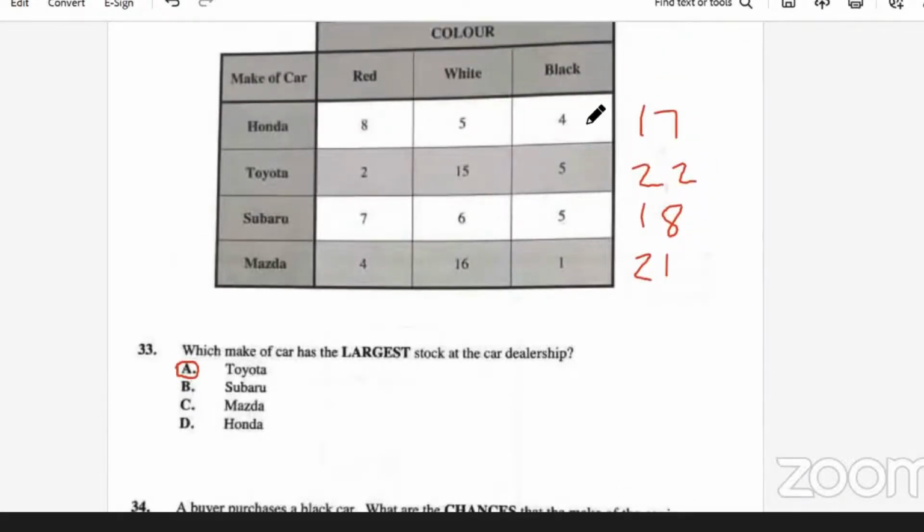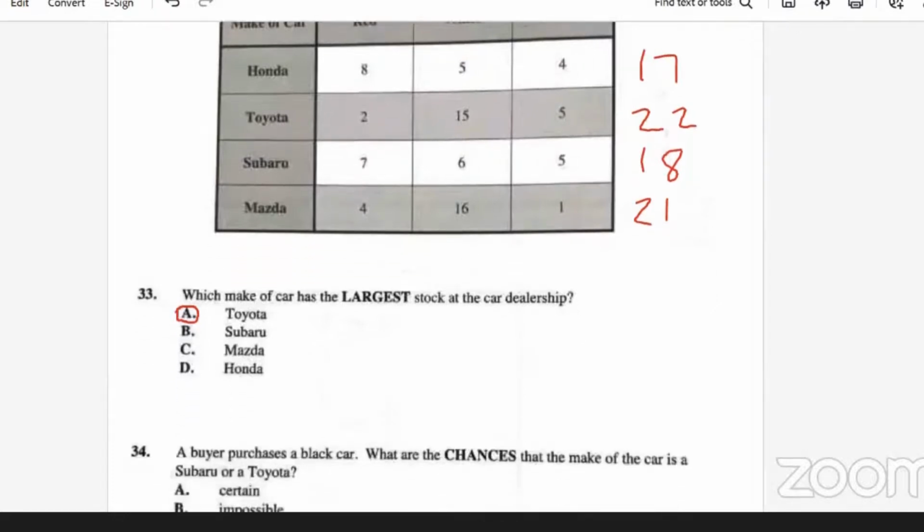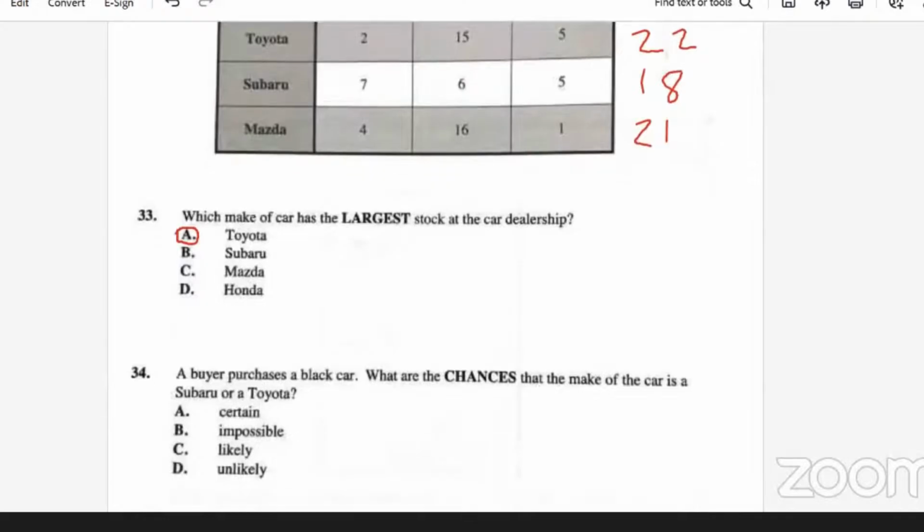We have 4 black Honda, 5 black Toyota, 5 Subaru, and 1 Mazda. So the Subaru and the Toyota would represent 10 out of the 15, right? So 10 out of 15. Okay? So what are the chances?